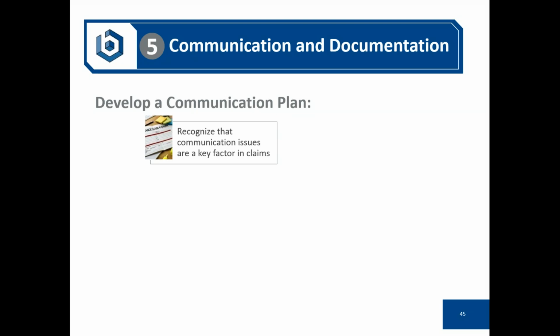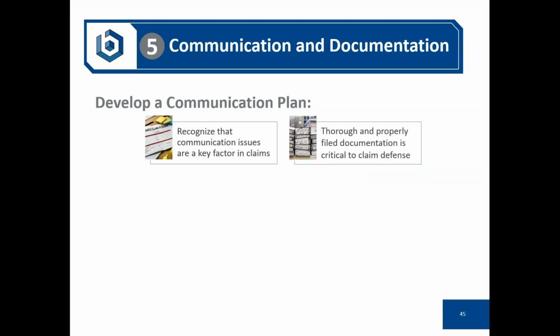Sometimes those in itself can generate a claim without there even being a technical error and omission allegation. However, most claims are based on something that's actually gone wrong from a technical standpoint. But even then, the communication is an exacerbating factor.